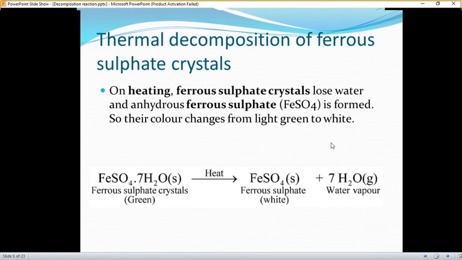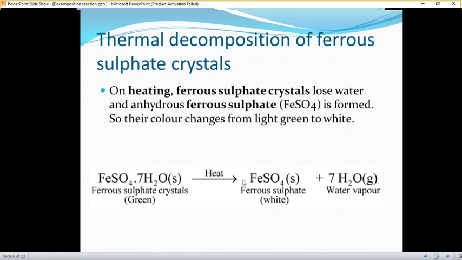Another example of thermal decomposition reaction is heating ferrous sulphate crystals, and let's look at what is going on here. This reaction is a two-stage process. First, ferrous sulphate crystals lose water on heating, and along with that their green color changes to white.